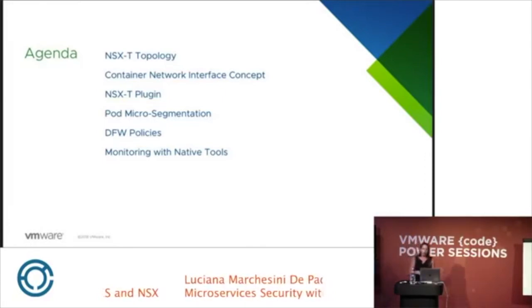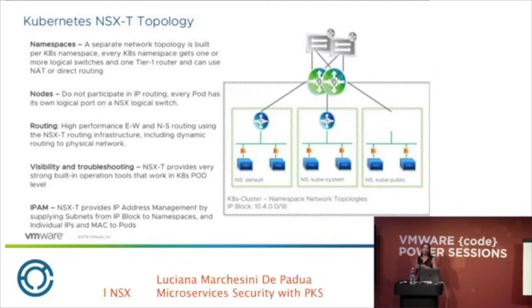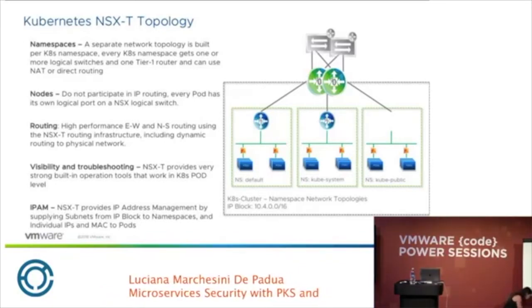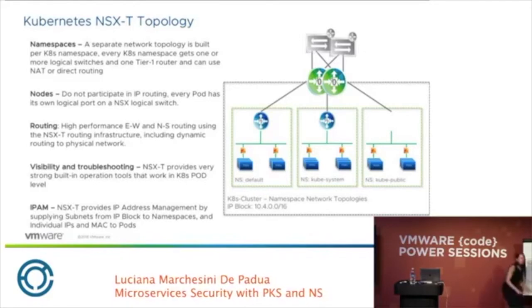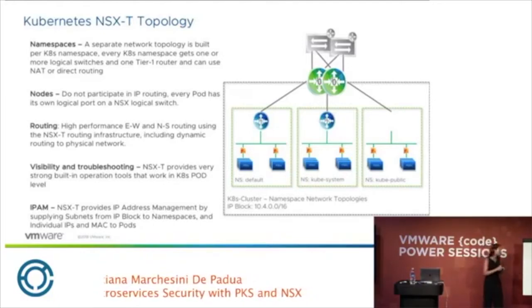So folks, before I even get too far started with the NSX-T topology, I just wanted to give you the framework that we have with PKS, just to put everything in perspective and make it a little bit easier. So for that, I'm just going to do the whiteboard, just to give you the overall picture, so that everybody has an idea of what's going on, and then we can get into more details.